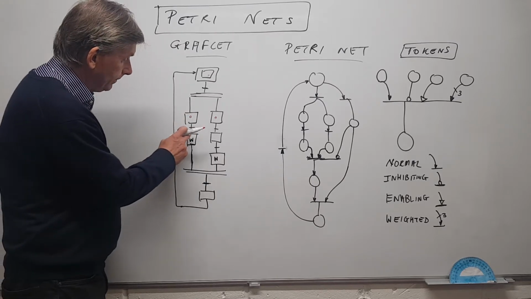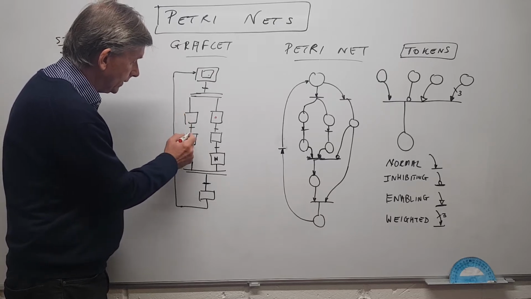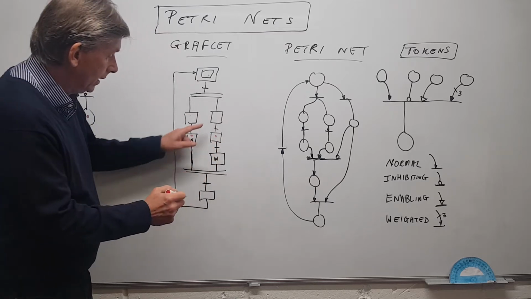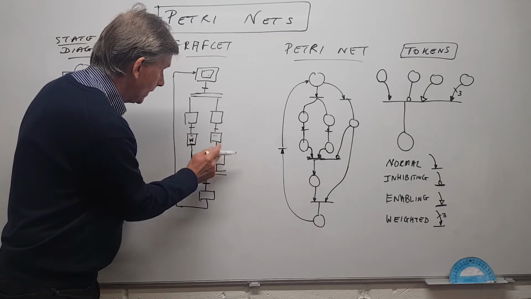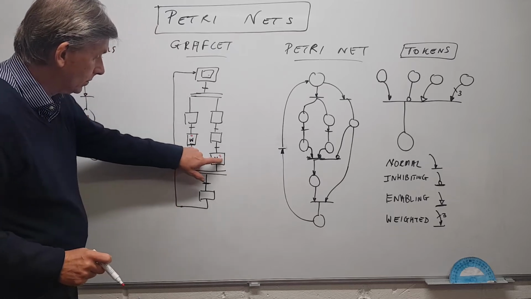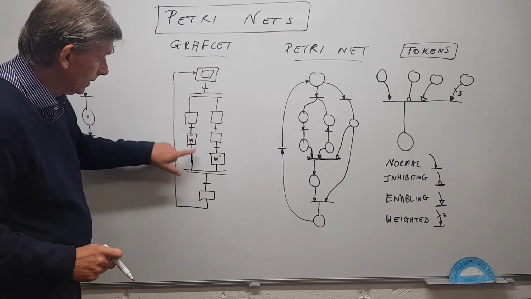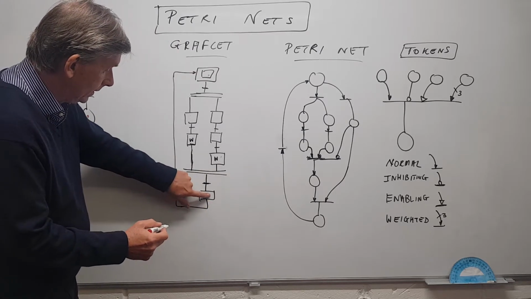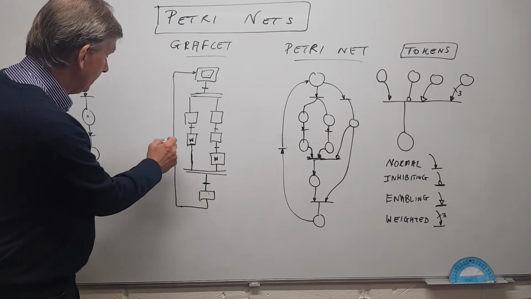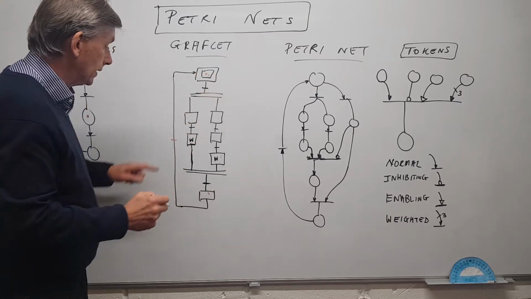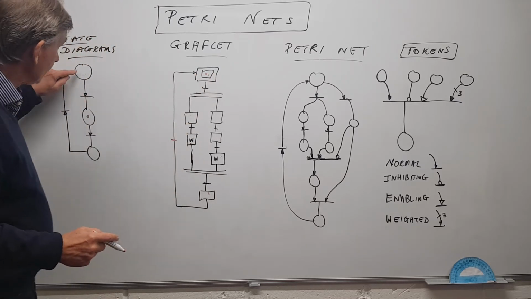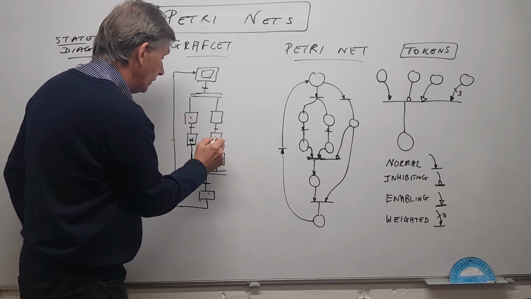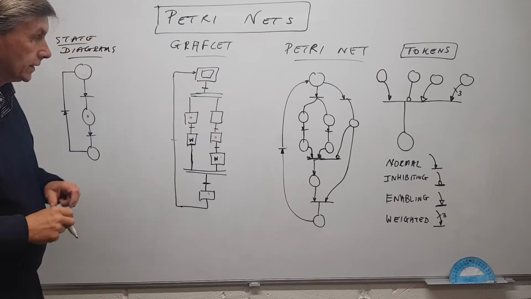What could happen is this one could move to there, and then this one would move to there, eventually move to here, and then if this one and this one were both complete, this could then complete, and you could go to there, and then you could fire the last transition and go back to the start again. So in this one, just one active state. In this one, the potential for two active states.